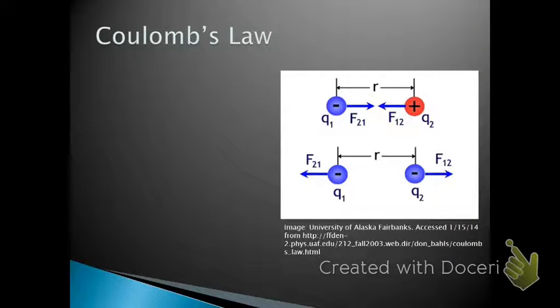Now, objects with charge also follow Newton's laws, the first, second, and third law. So anytime, if I'm charged and I feel a force because of another object with charge, I know I'm being pulled with the same force that I am pulling on it, with attraction or repulsion. Those forces are always going to be the same.